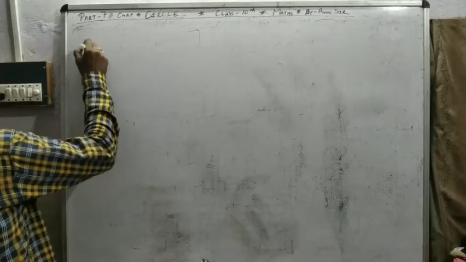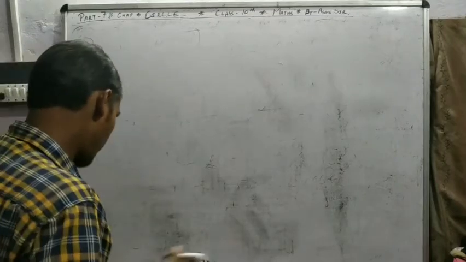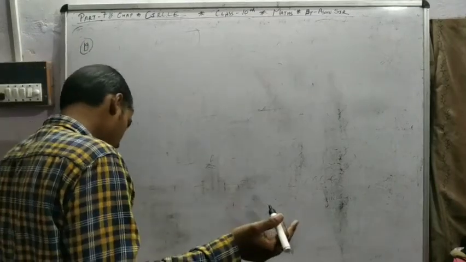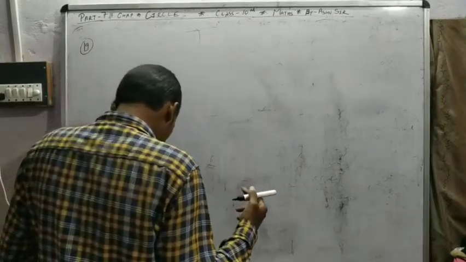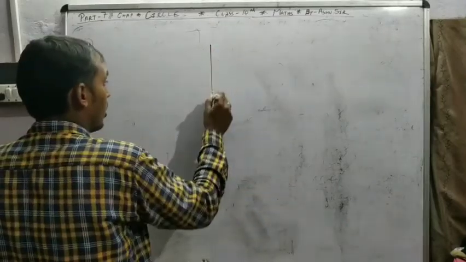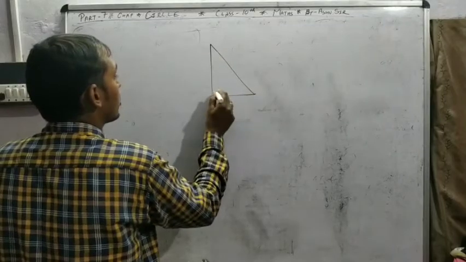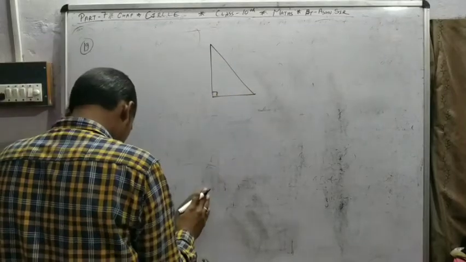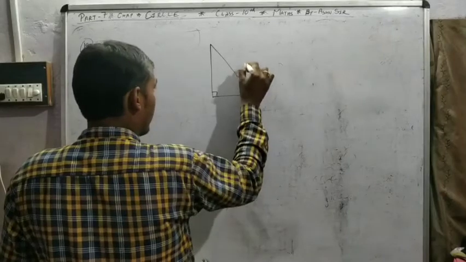See this question 19. I explained it in the previous video in numerical terms. This is in terms of variables. ABC is a right triangle with sides, C is the hypotenuse.